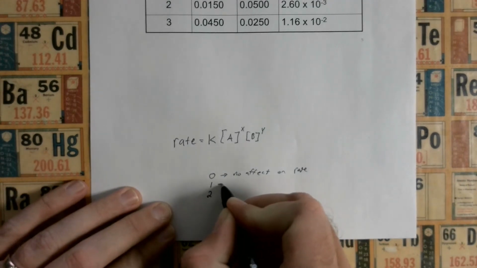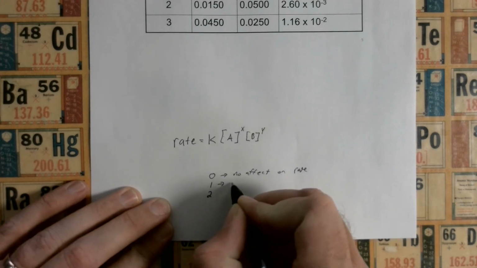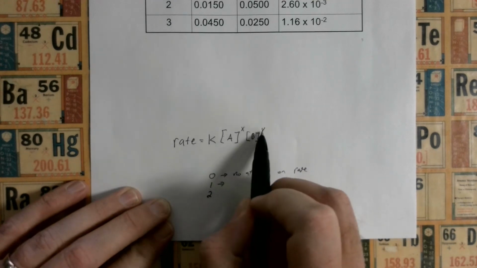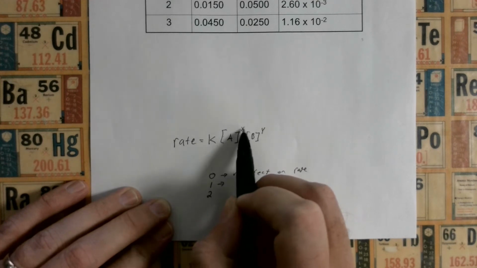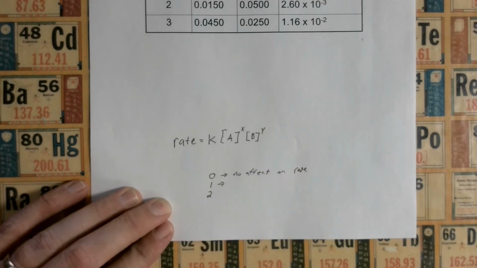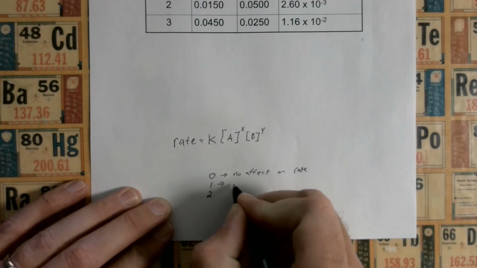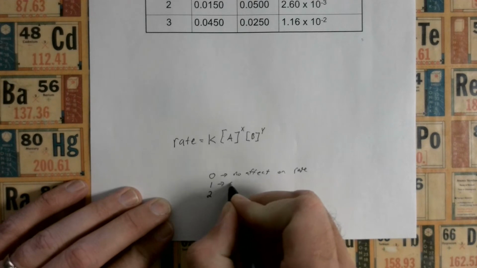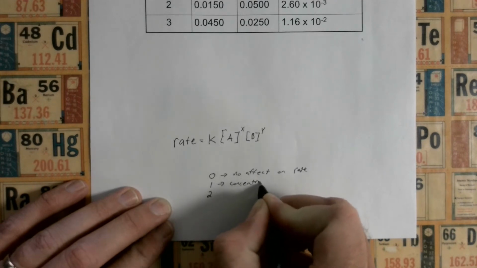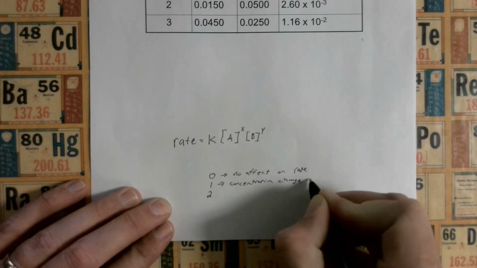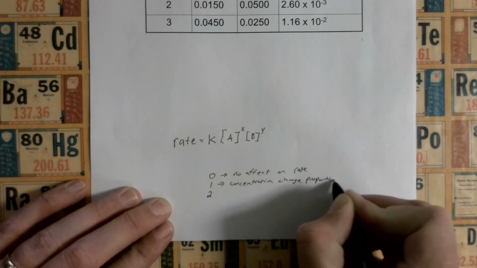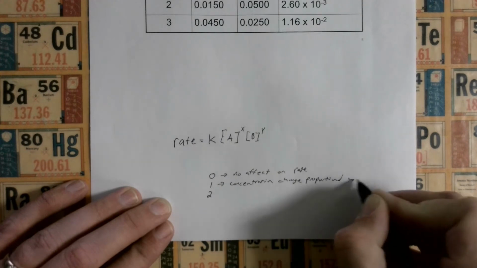A first order reactant, so if x was 1 or if y was 1, then whatever I do to the concentration, the concentration change will be proportional to the rate change.